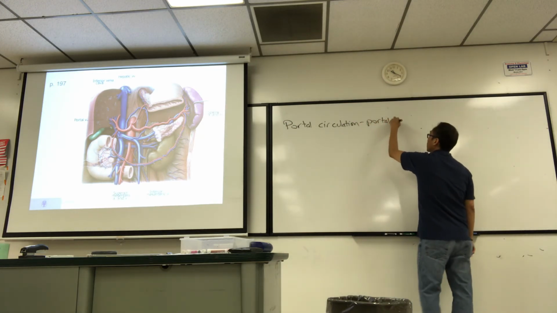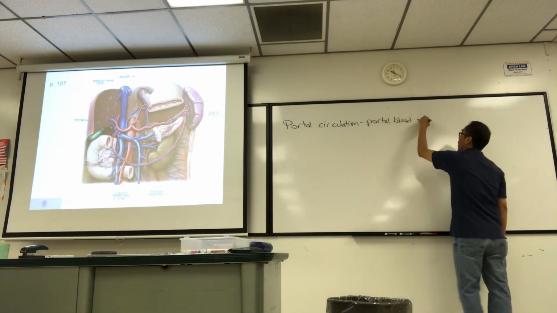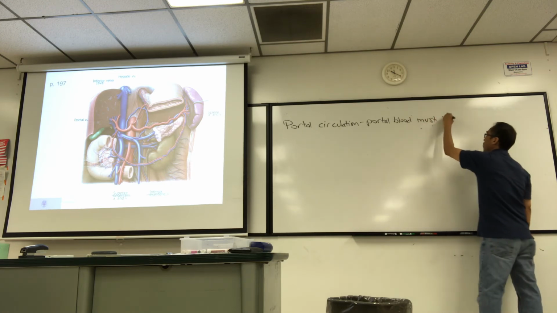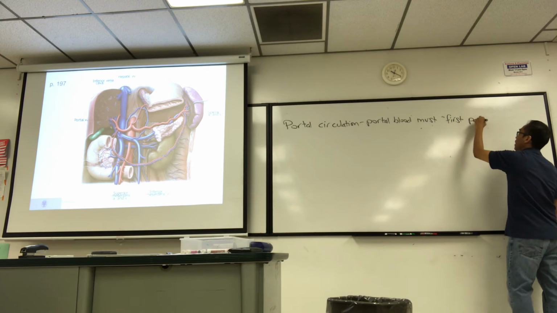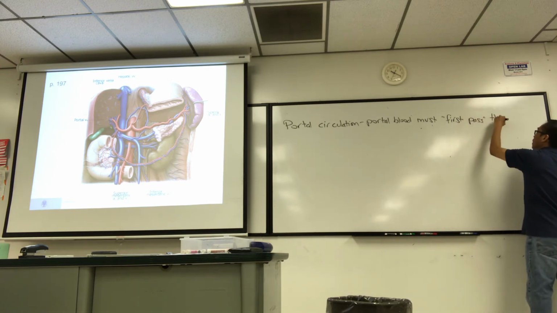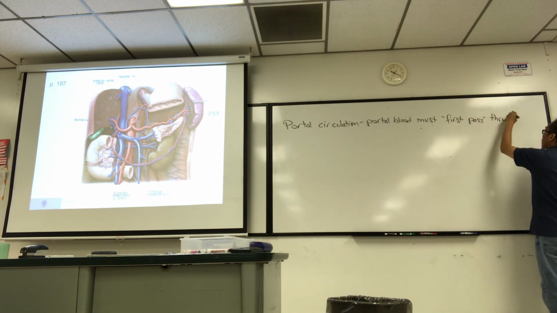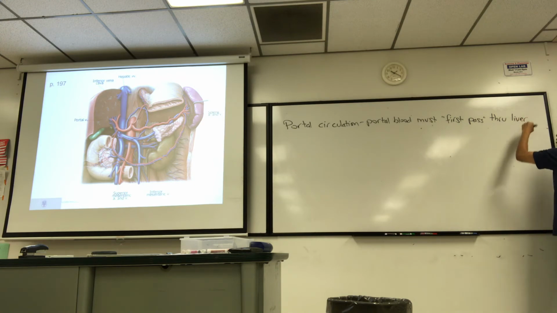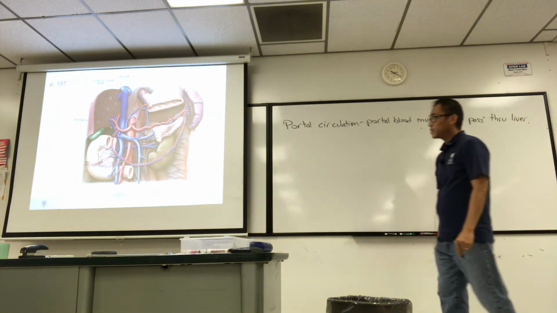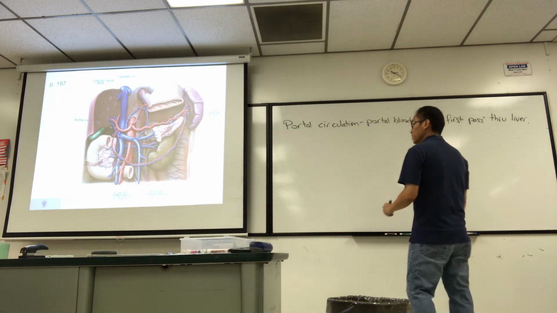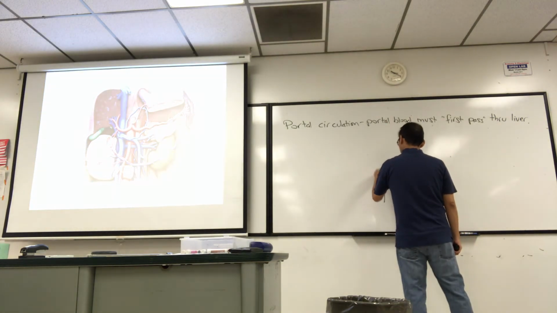Portal blood must, quote unquote, first pass through the liver. And so this kind of illustrates it. What you see there is the inferior mesenteric artery, and the superior mesenteric artery and vein.